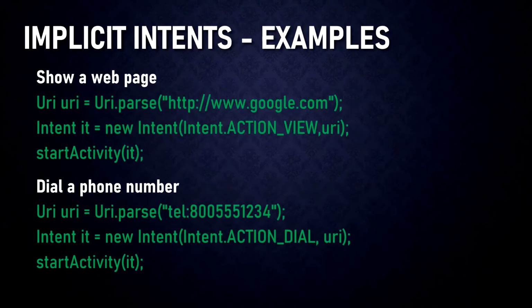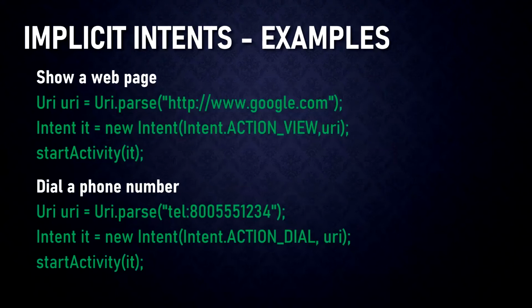Once you are done with parsing, you create an intent object and pass the action you want. Here we want to view. The data we want to view is the parsed string value, the URI. Once we are done with this, we can start our activity.